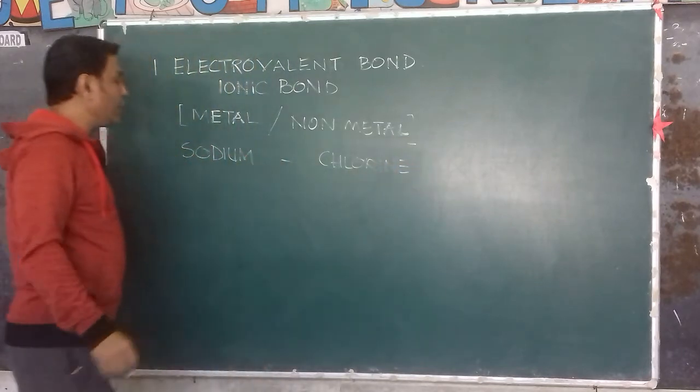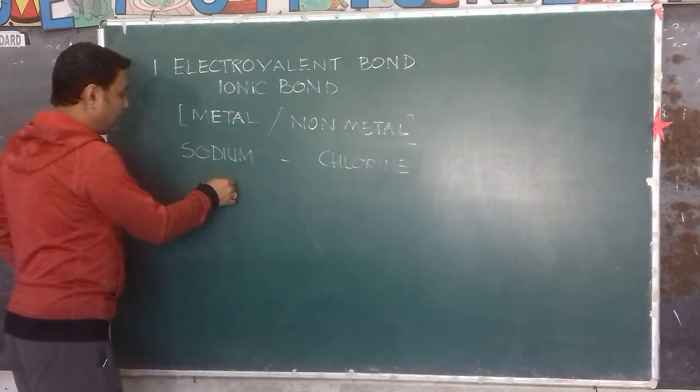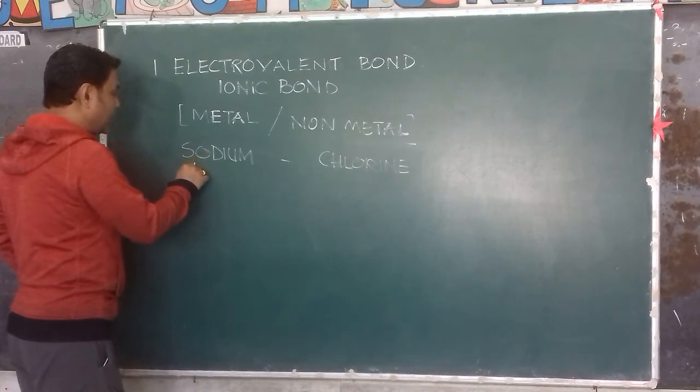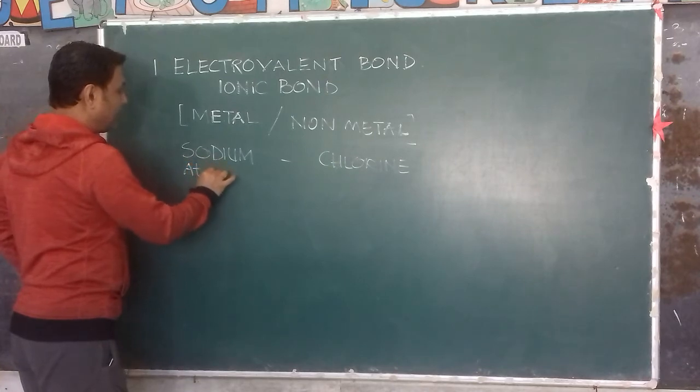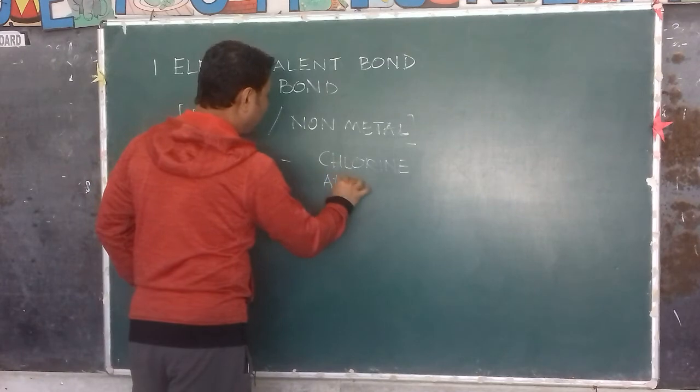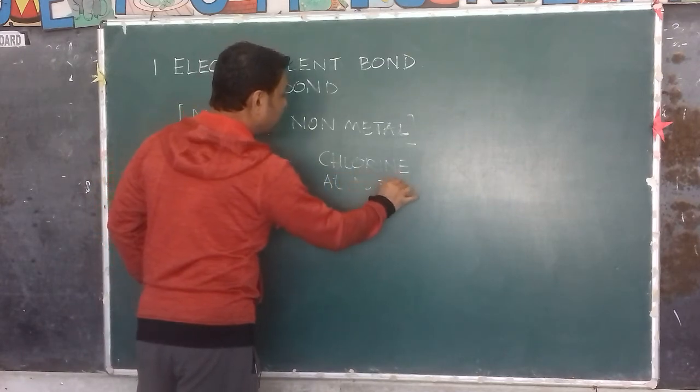Sodium atomic number is 11, and chlorine atomic number is 17.